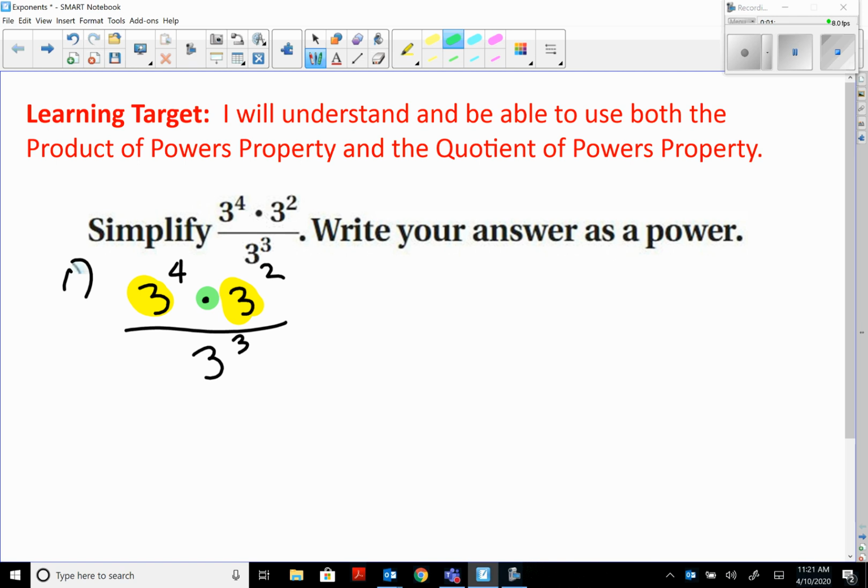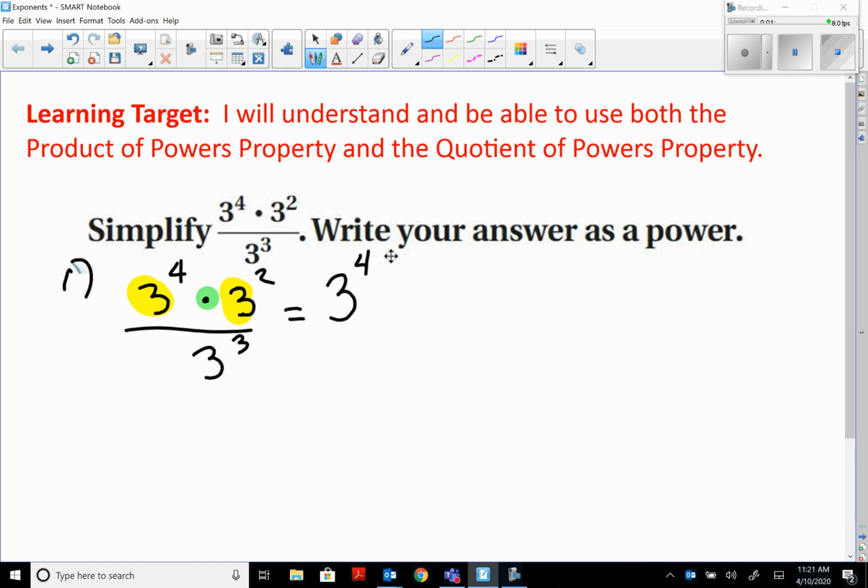Since I have multiplication and since my bases are the same, I am allowed to combine or to add the exponents together. So I'm going to rewrite the numerator as this fraction. Instead of saying 3 to the 4th times 3 to the 2nd, I'm allowed to add the exponents.